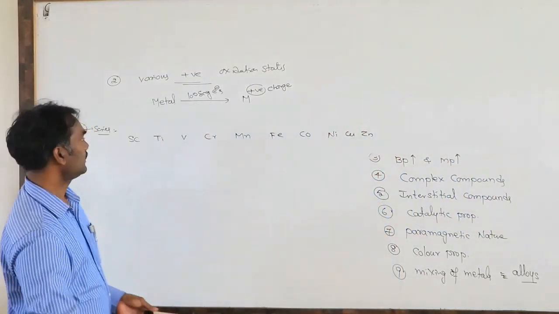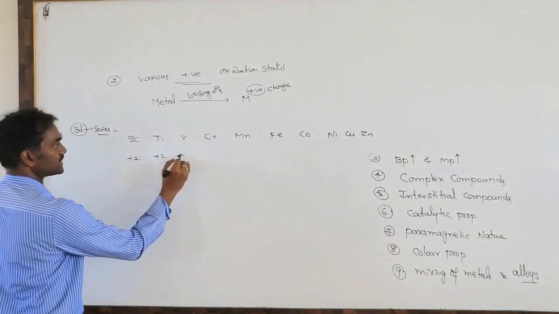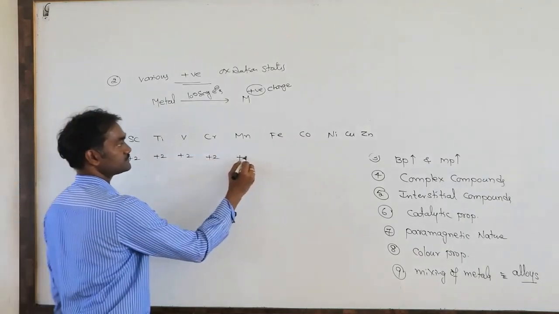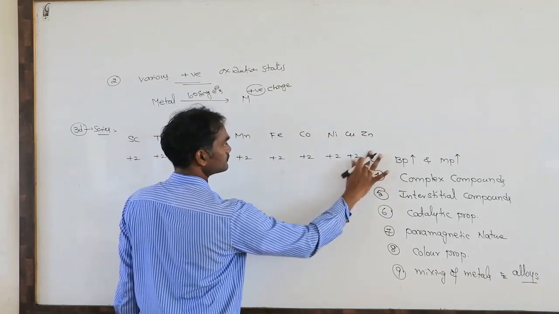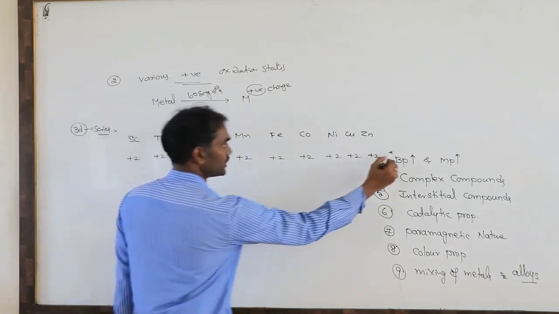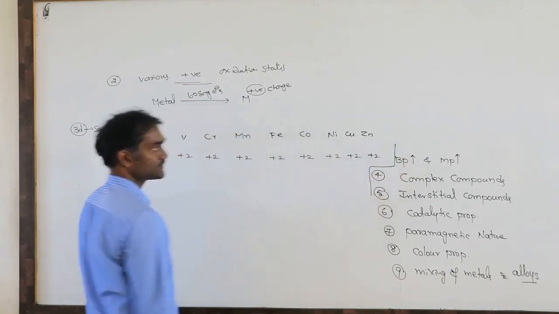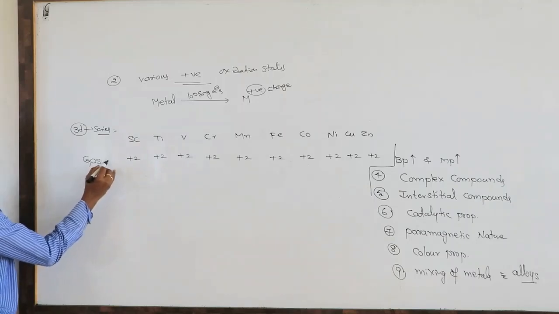See here, everyone is showing the +2 oxidation state, up to zinc. So +2 is the general oxidation state.